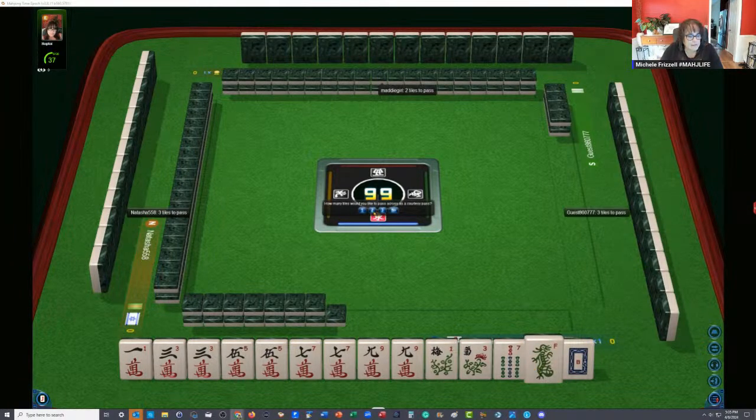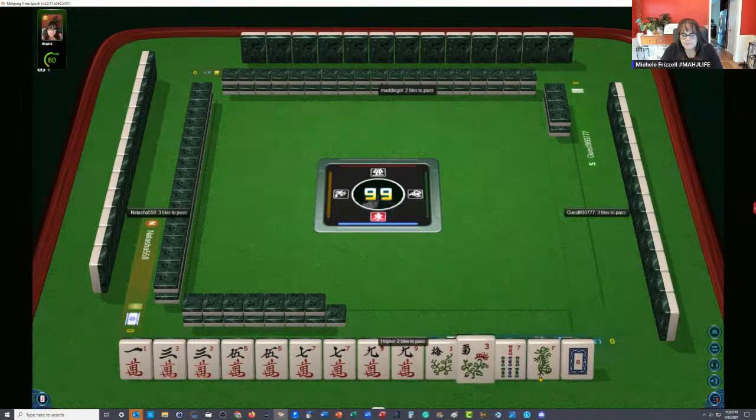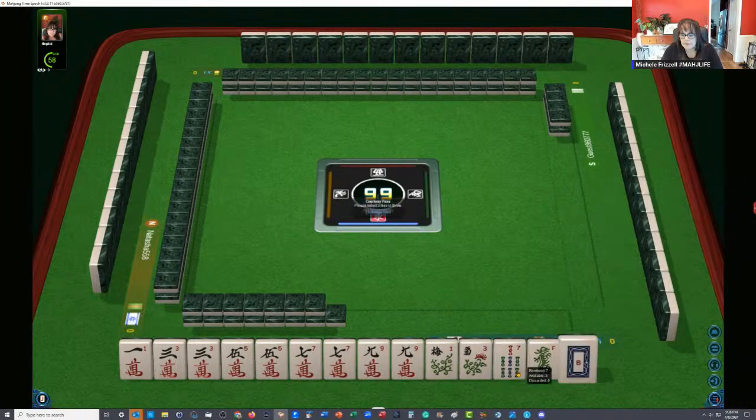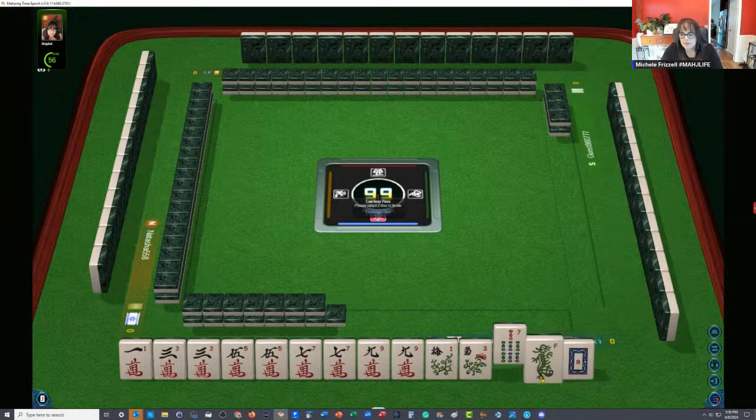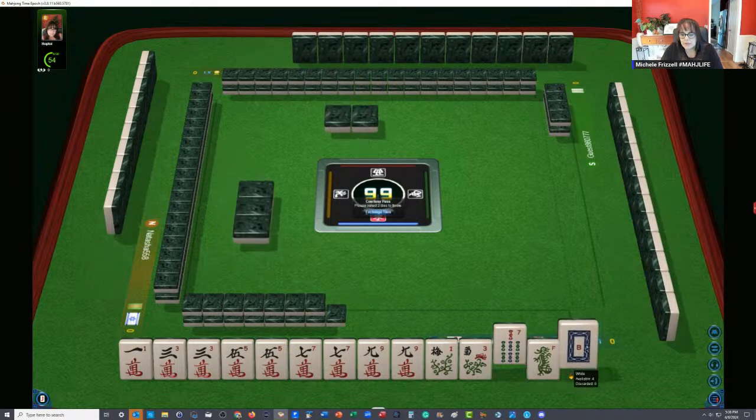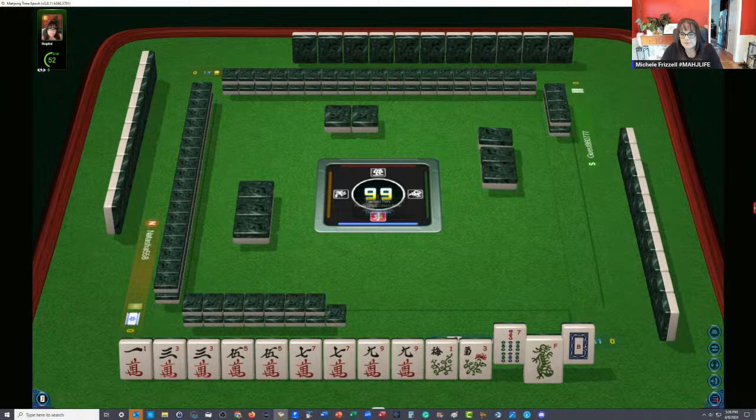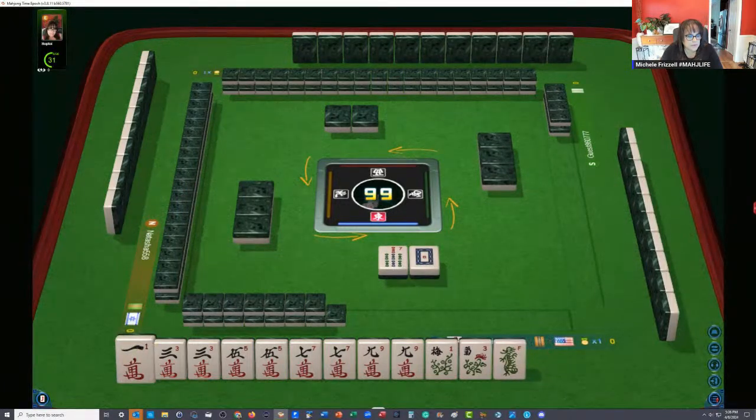We can pass 2. Maybe the 7 and the white. 7 and a green would be a little bit risky.